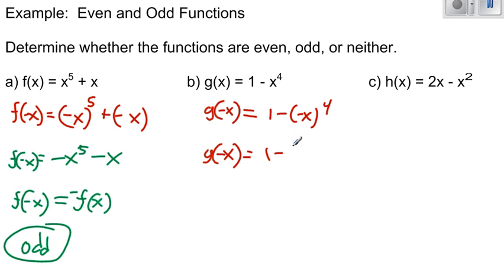So this will simplify to positive. You're subtracting positive x to the 4th, which is the same as the original function. Since it's the same as the original, nothing changed. That is an even function.